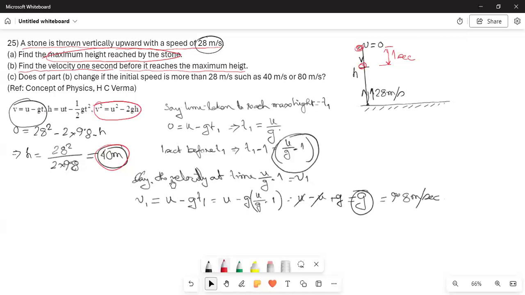Now the question was, does the part B answer change if the initial speed is more than 28, such as 40 or 80?